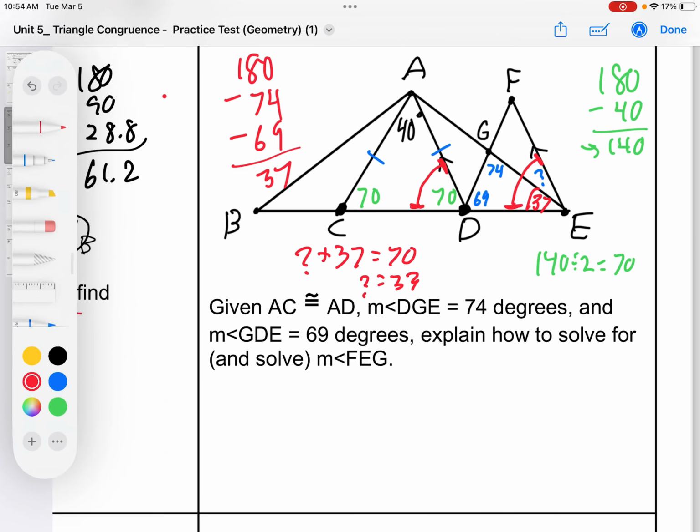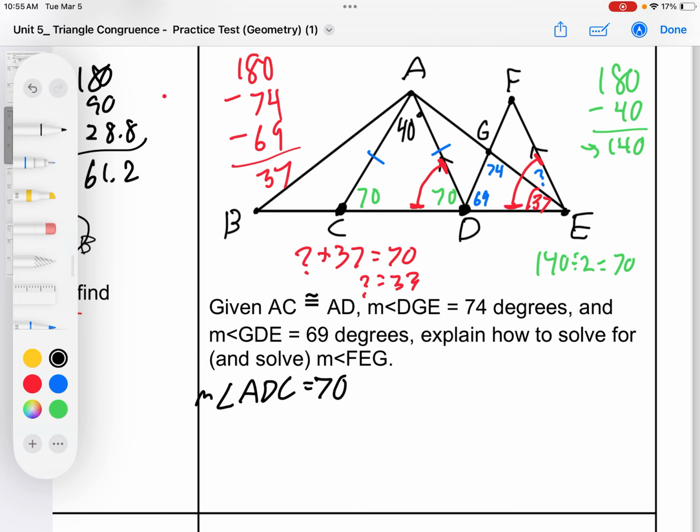A written solution to explain yourself would be... actually, we won't start with the answer. We'll start with how we started. Angle ADC, its measure is 70 degrees by the isosceles triangle theorem.